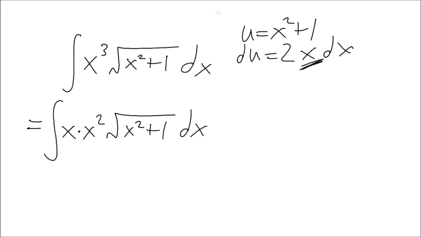That's okay, because if u is equal to x squared plus 1, x squared is equal to u minus 1. So, oh, okay, then we're good to go. We have our x, we have x squared, we know what to do.